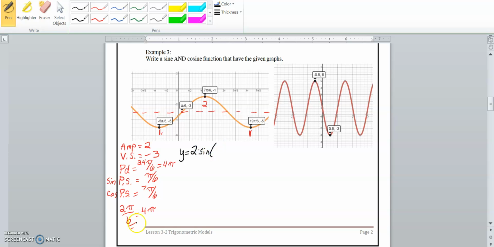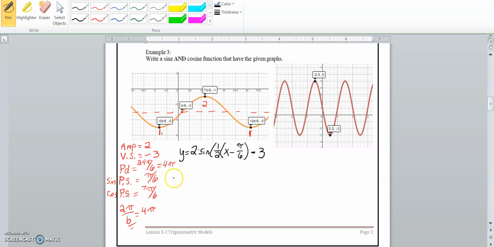Sine of B, so here's where we come up with B. If we flip B and 4 pi, our pi is reduced to 1, and 2 over 4 is a half. So sine of 1/2 of x minus our phase shift. The phase shift for sine, since we're using sine, is pi over 6. And our vertical shift is -3, so minus 3.